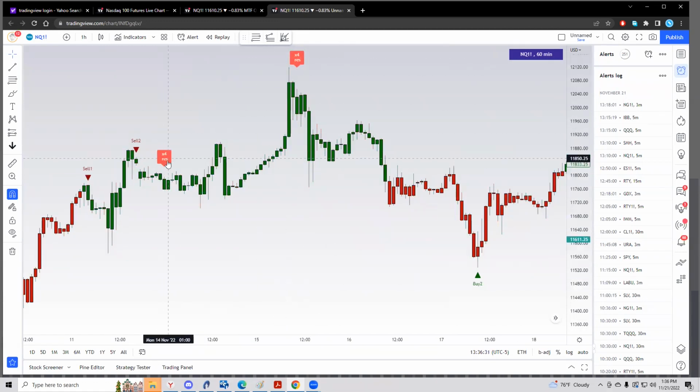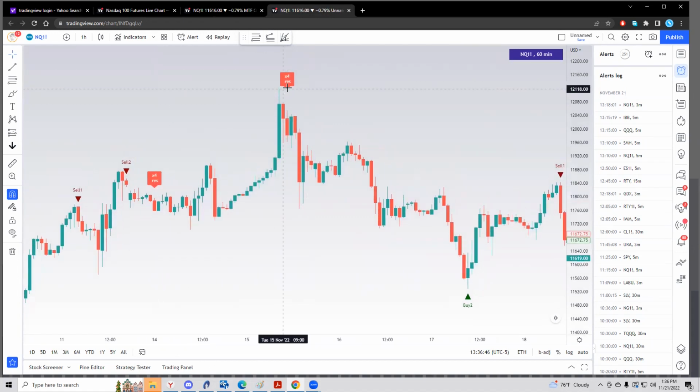You see X4S, X4S. Those are points when 4 cycles reached their top. It probably was not the exact top, but the second signal actually pinpointed the exact top of that move up.